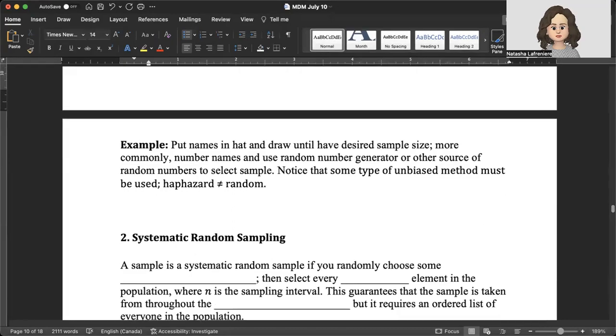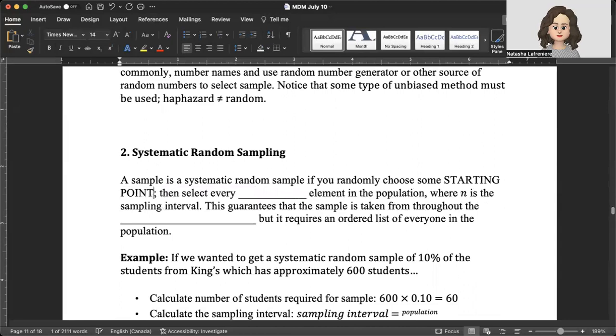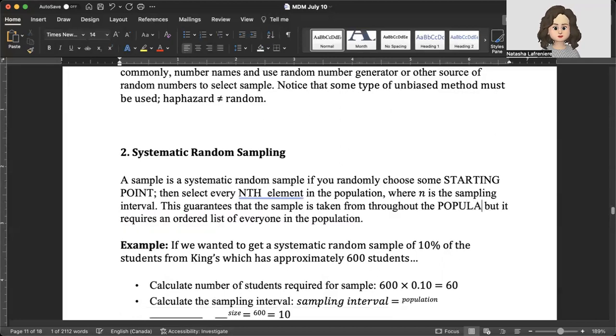Systematic random sampling is if you randomly choose some starting point, then select every nth element. For example, every second person is going to go pick up garbage. This guarantees that the sample is taken from throughout the population, but it requires an ordered list of everyone in the population.